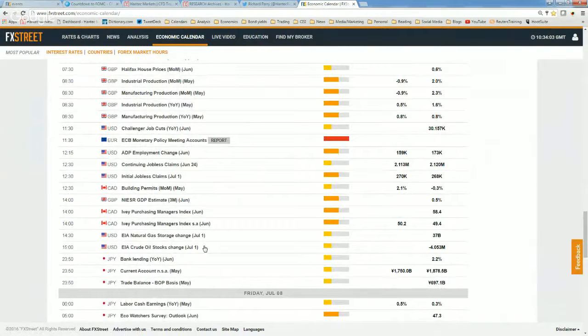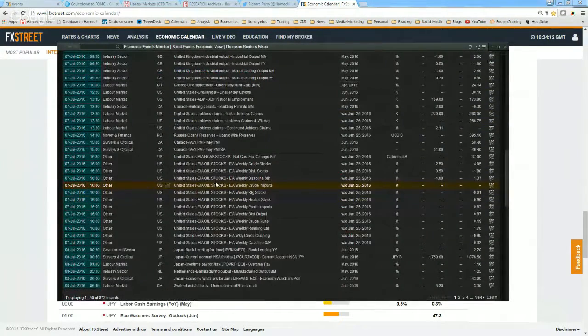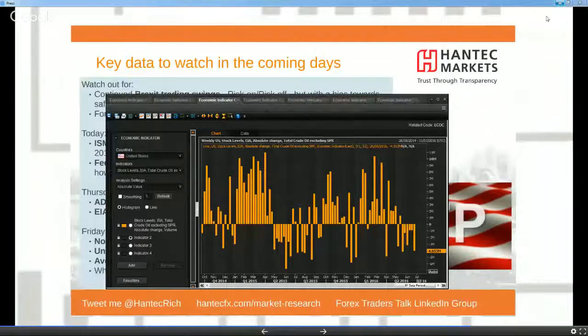Well, it's around about 1% is the expectation there. I'll use my Reuters one instead. No, sorry, 2.5 million barrels is the expectation. So yeah, it seems that has a tendency to provide support for the oil price in recent weeks. So watch out for that tomorrow evening.